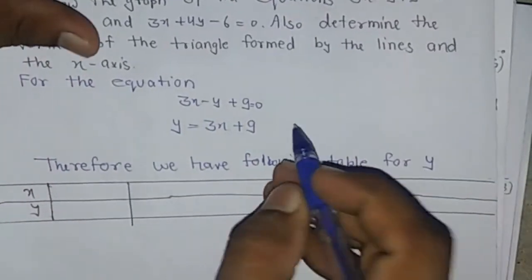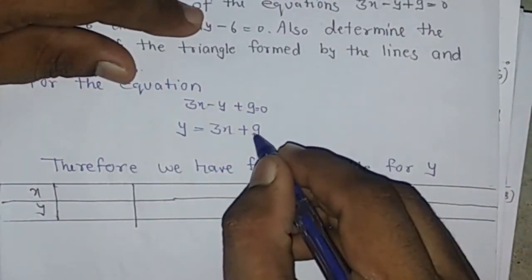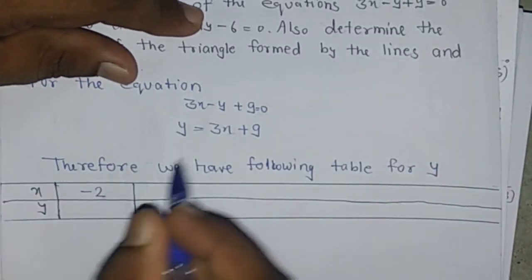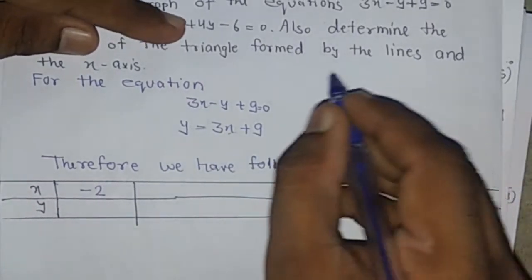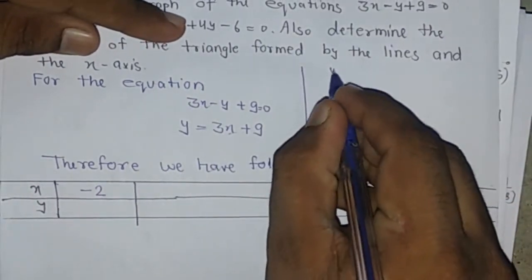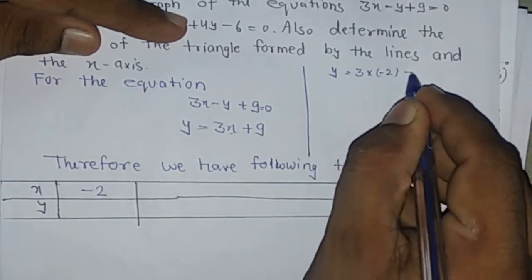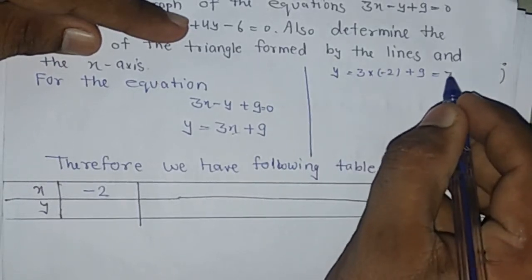Firstly we put x equal minus 2. Then value of y is y equal 3 into minus 2 plus 9, means 9 minus 6. Value of y is 3.